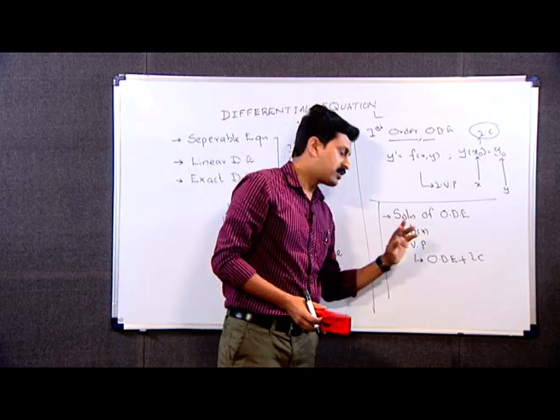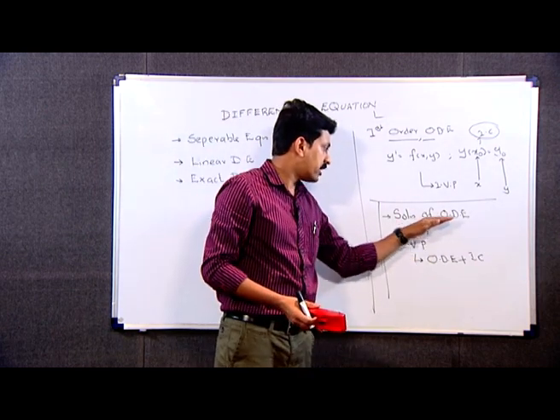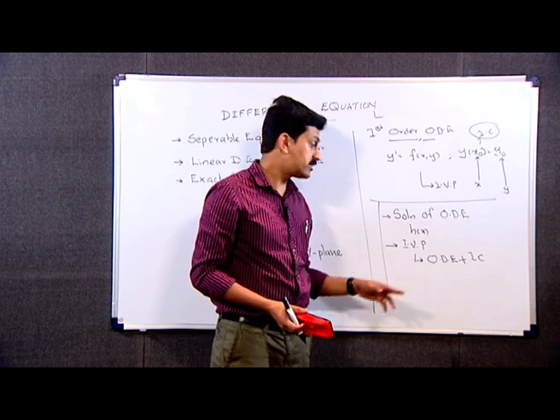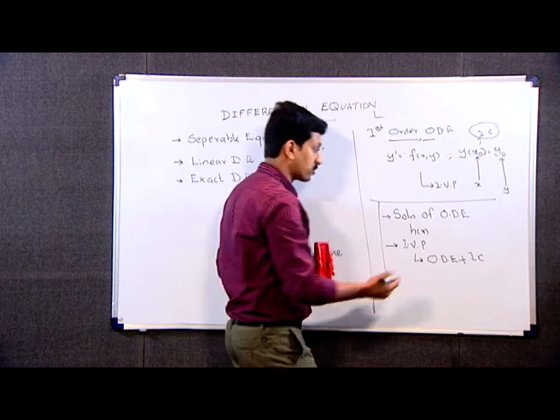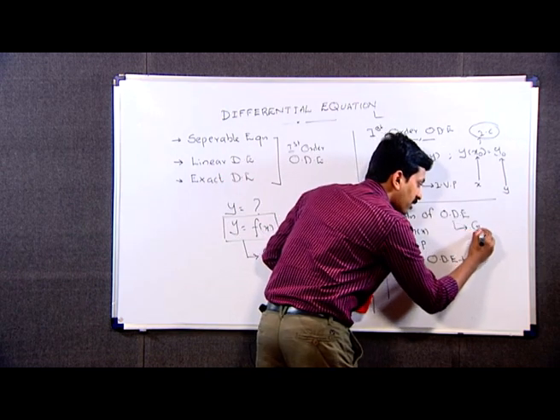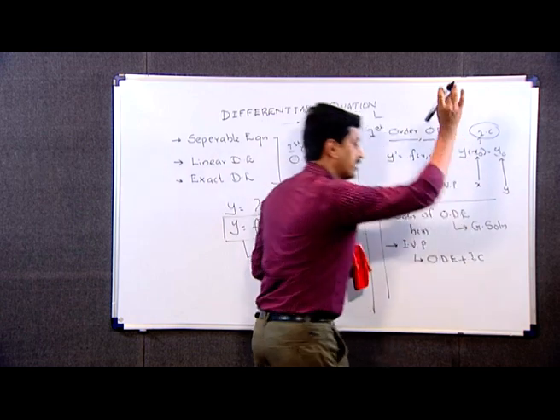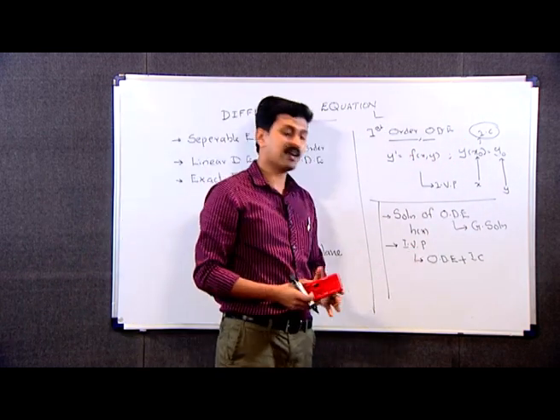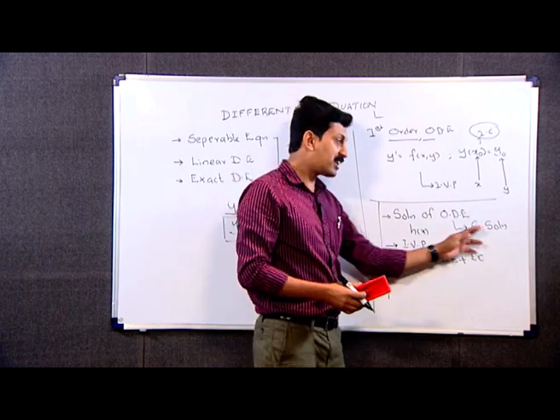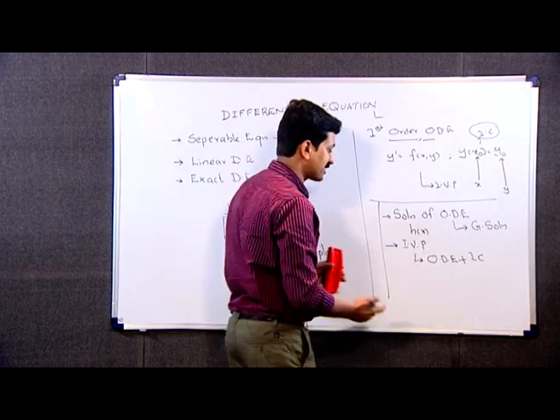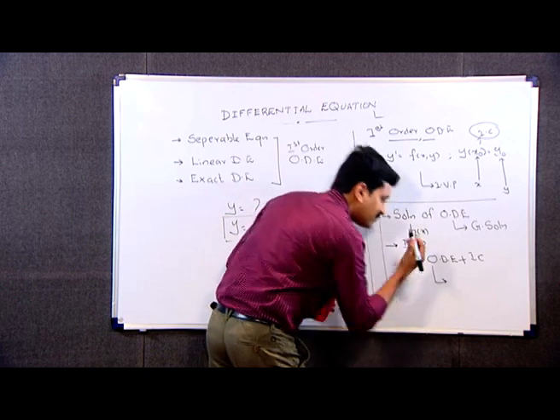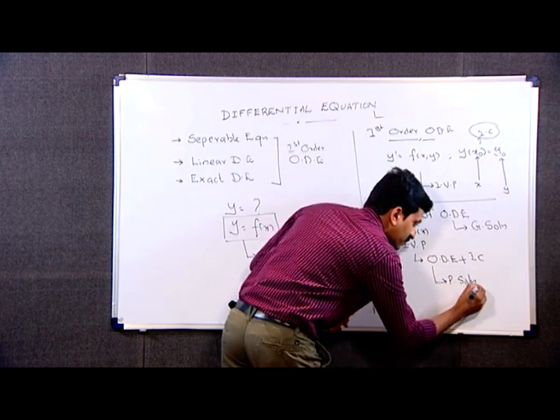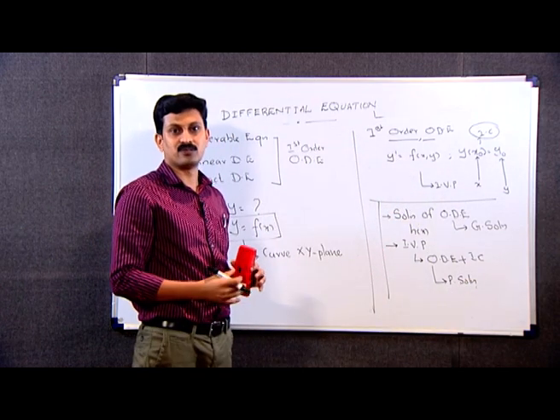While solving a differential equation, we always arrive at a general solution. And while solving an initial value problem, we get a general solution, and we can also find a particular solution.